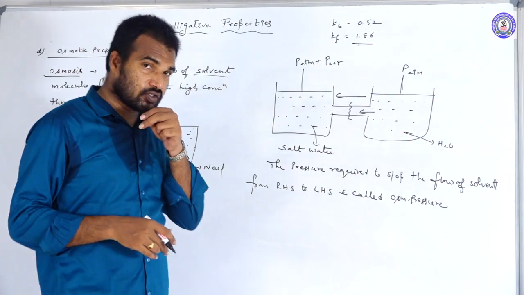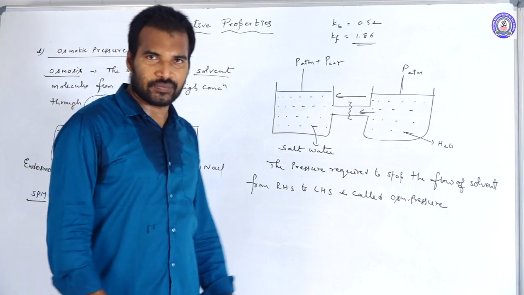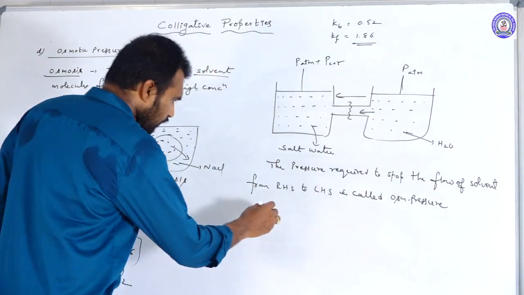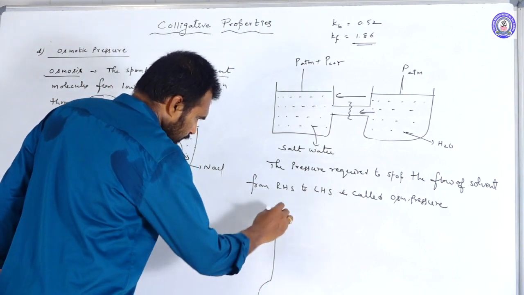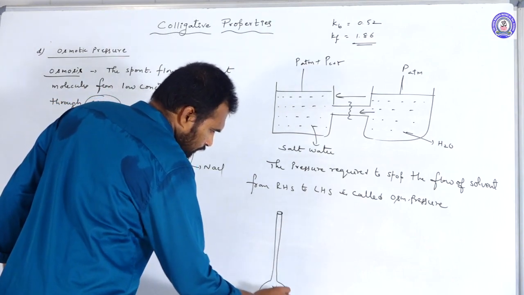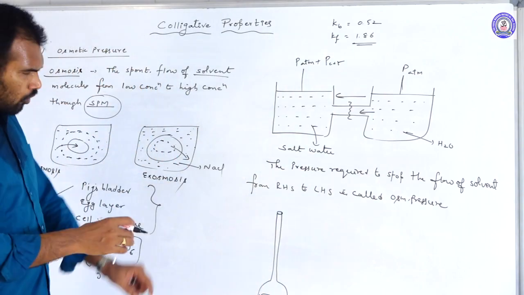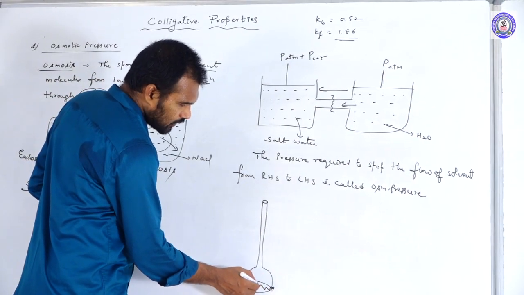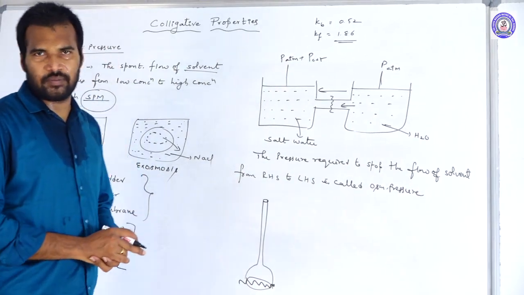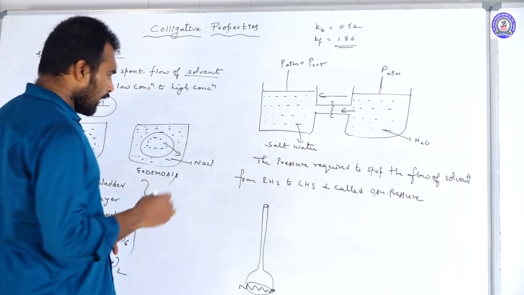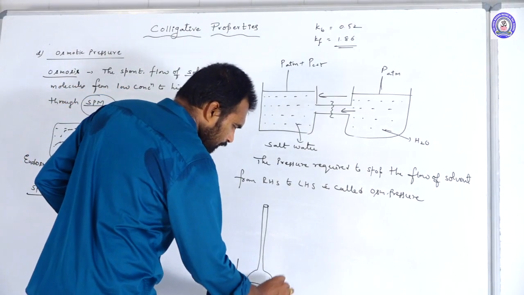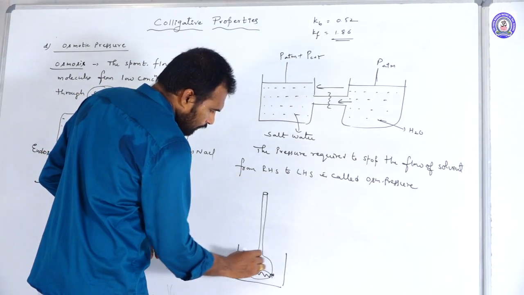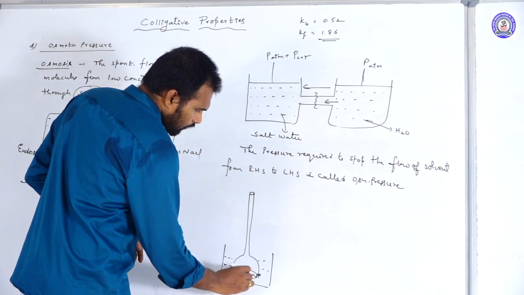And one more definition is also there, according to the Thistle funnel experiment. I think in the lower studies you know the Thistle funnel experiment. So if you take the Thistle funnel experiment, this is an inverted funnel, a long tube having a funnel, and this mouth of the funnel I tied with a semi-permeable membrane, egg layer, whatever it may be, and you kept it in a beaker of water.